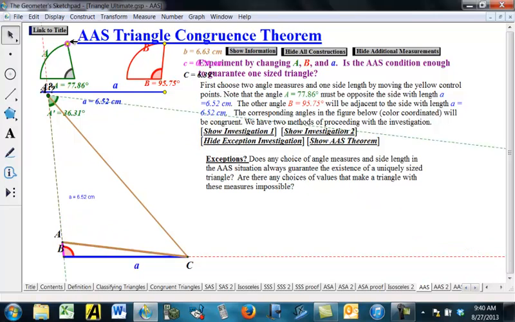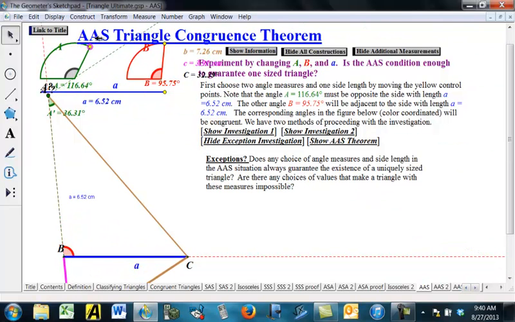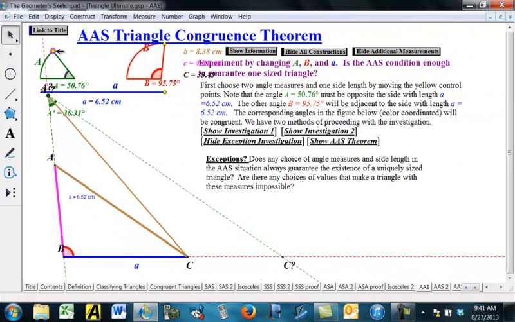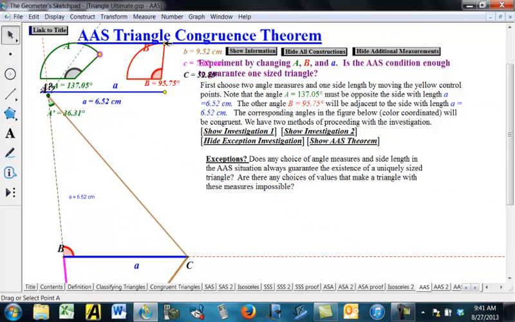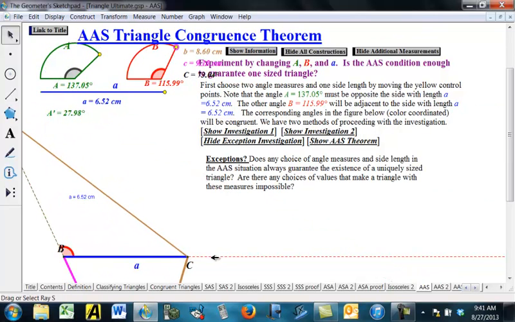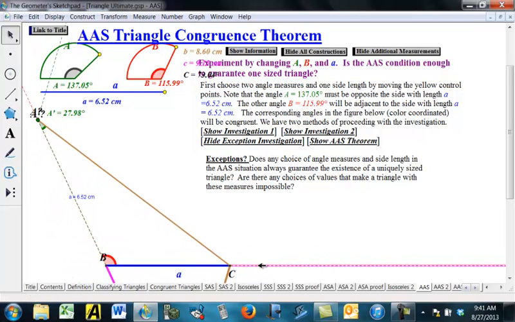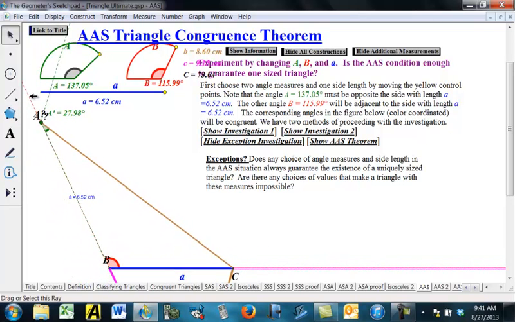And the only problem that's possible is basically here, if both of these angles are too big. Now we have a problem because point A has to be on this ray, but it also has to be on this ray here.